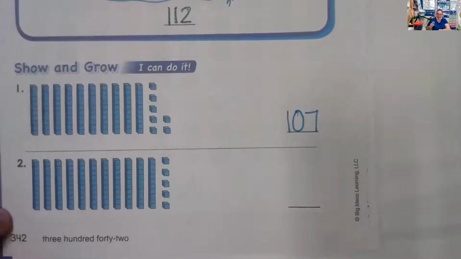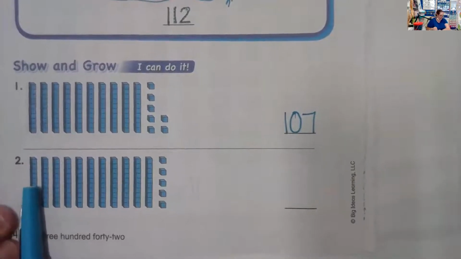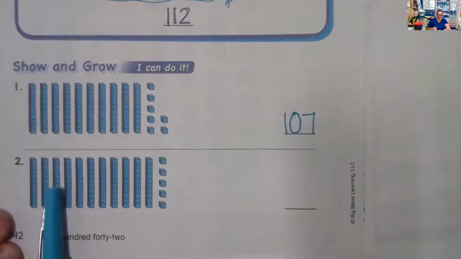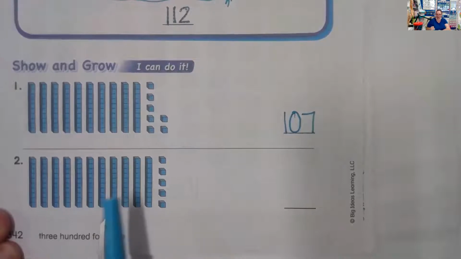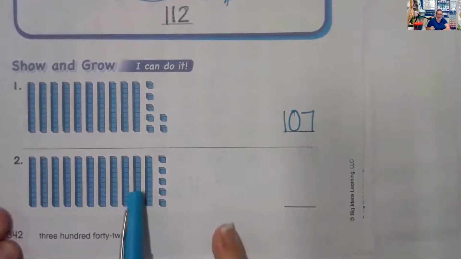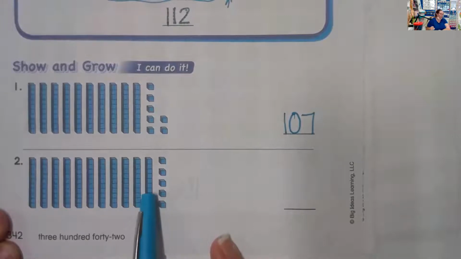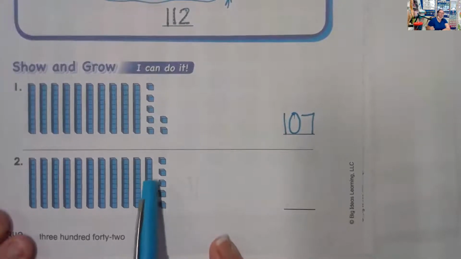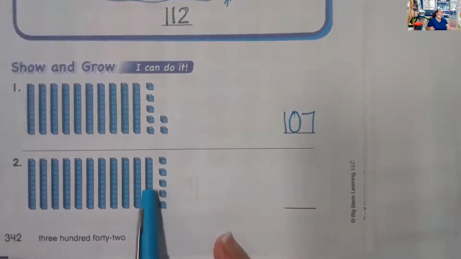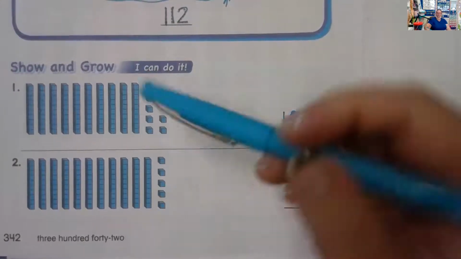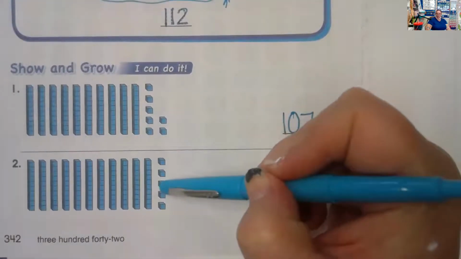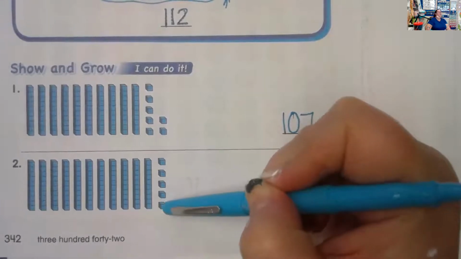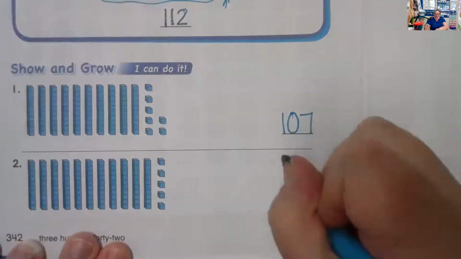Let's do the next one. Ready? 10, 20, 30, 40, 50, 60, 70, 80, 90, 100. 110, 111, 112, 113, 114, 115. How many hundreds do we have? 1 hundred.